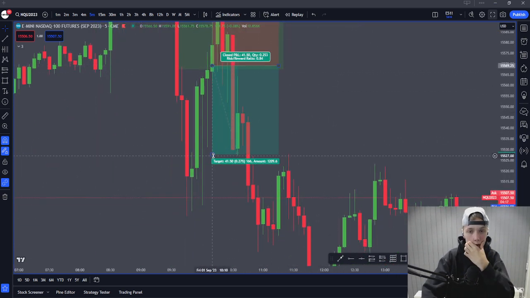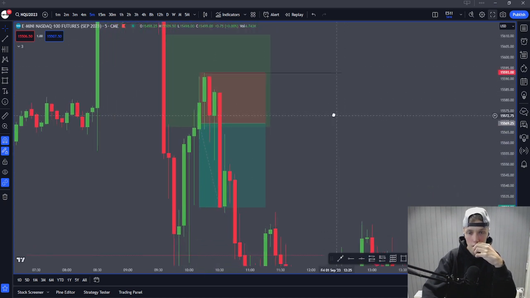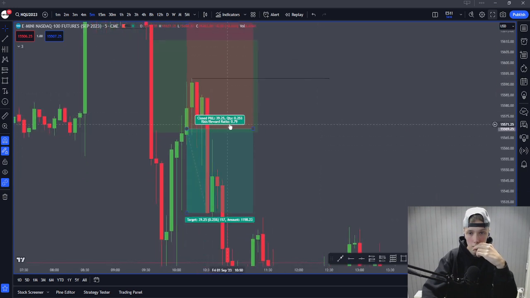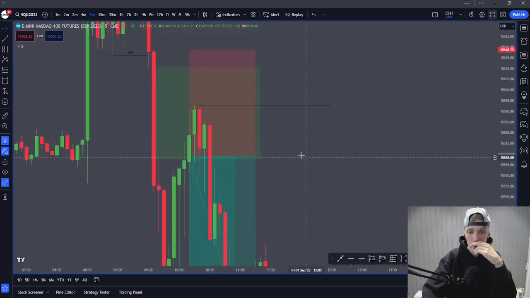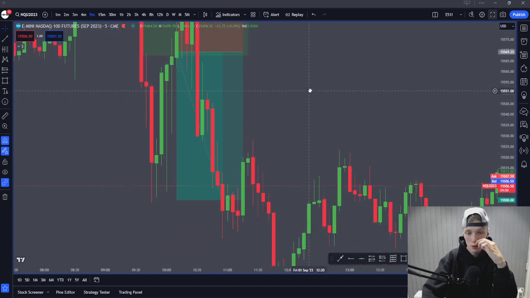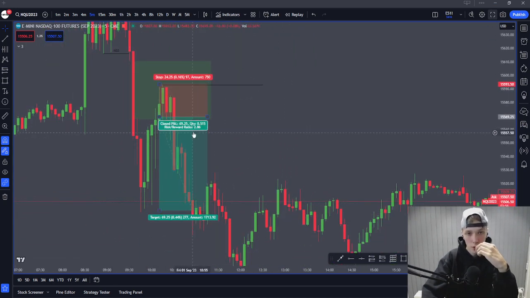But as soon as you are 150 ticks in profit, you can move your stop to this high. So immediately your trade went from a 1.4 RR. It displaced back down. It went straight to 3 RR. Right? That's what a market structure shift is.